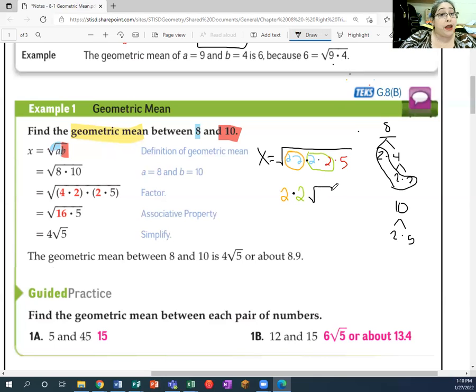Now I don't have any other pairs in there, and so I'm going to write my square root, and write whatever is left over inside of the radical after I list all the things that I have a pair of. So the 5 remains inside. I'm going to do a little bit of cleanup by multiplying those 2's together, and I find that x is 4 square root of 5. And if I stick that into my calculator, I see that that's about 8.9.